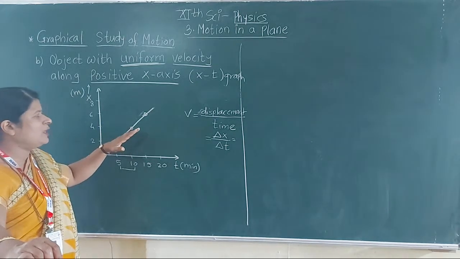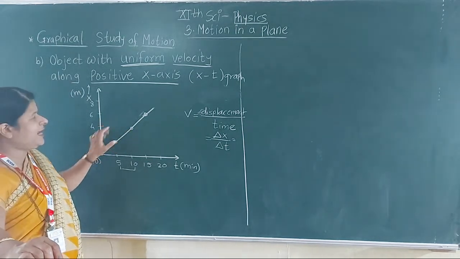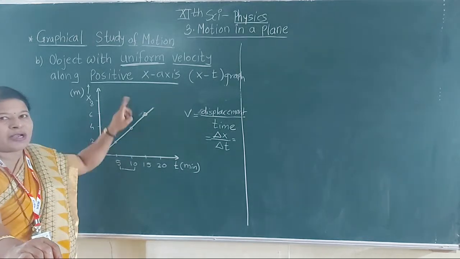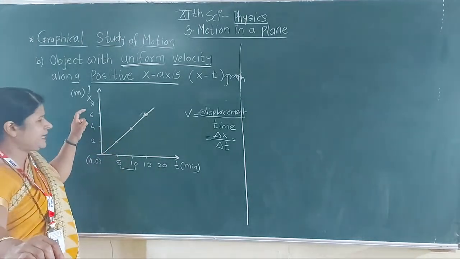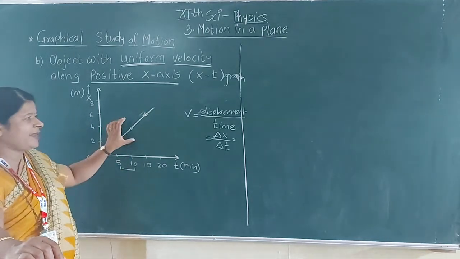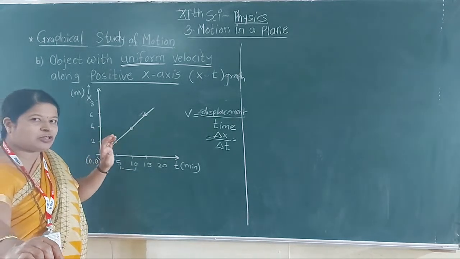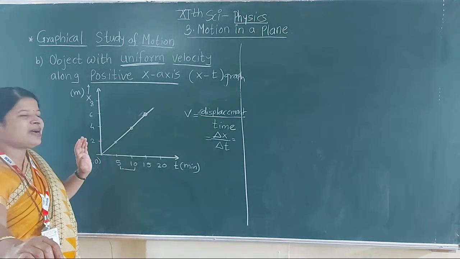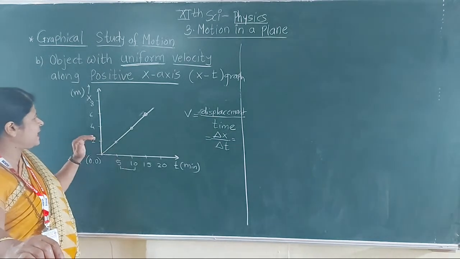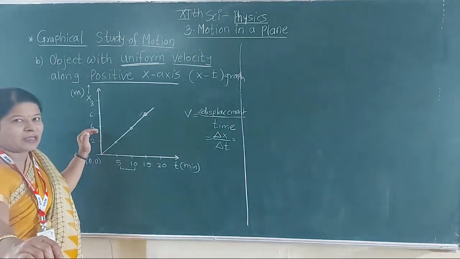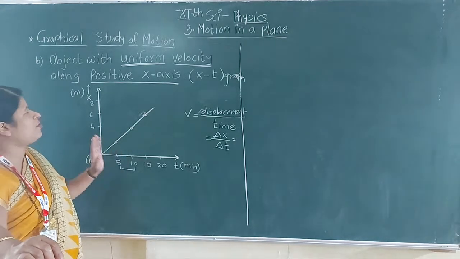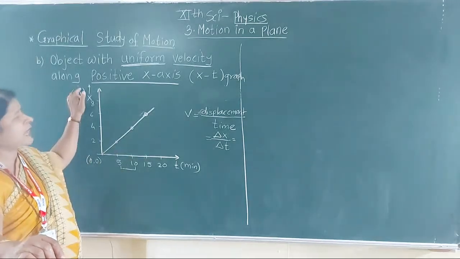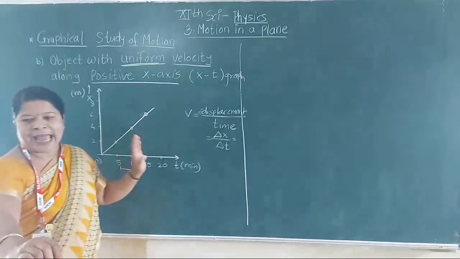The slope of the line we get along the positive coordinate system of this x and t graph. Positive x-axis, so velocity is also positive. The object in equal intervals covers equal distance. Therefore, we call it a uniform velocity of the object along the positive x-axis.